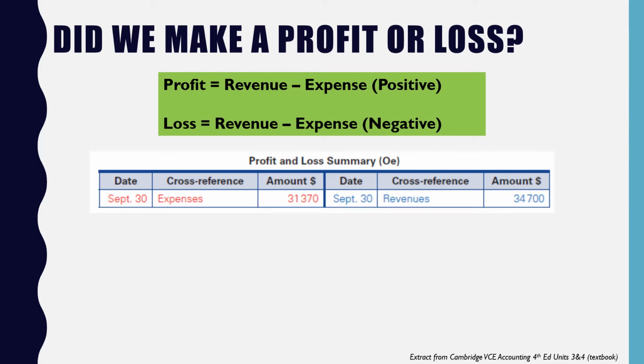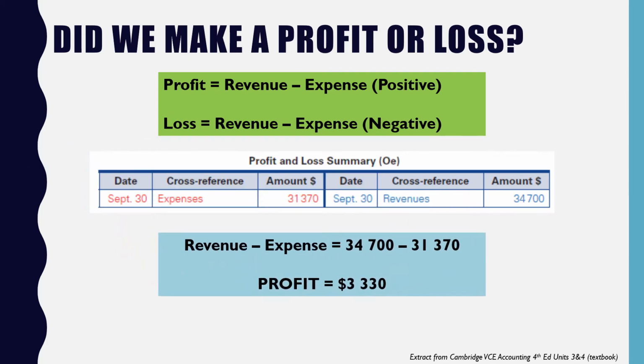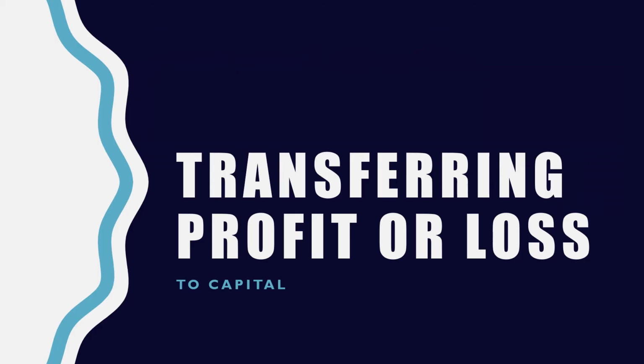When revenues are more than the expenses, we have a profit. When expenses are more than revenues, we have a loss. These formulas here can also help you with your calculations of profits or losses. In this example, we have a profit of $3,330.